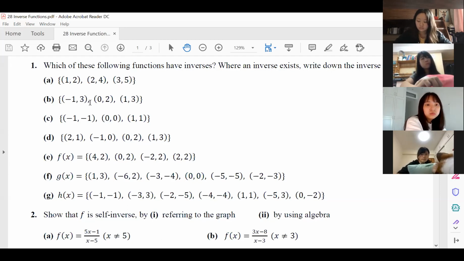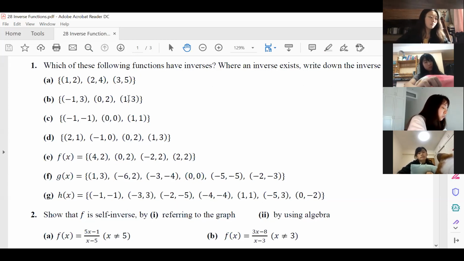What about question 2? Is it a function? Yes. What about the inverse? Does the inverse give a function? No. So you can see this is an ordered pair, this is an ordered pair, and they have the same y coordinates. Which means when the so-called inverse is obtained, it's just a relation.